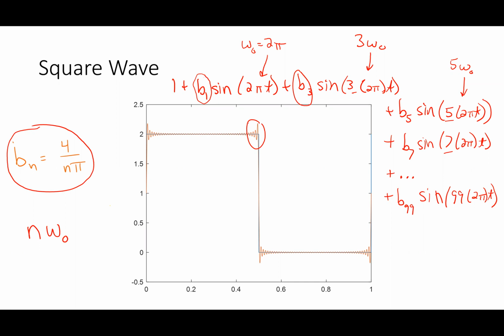Only if I put in infinite numbers of harmonics would those ears go away. You don't see that in real life when I put a waveform together, but it is a mathematical artifact. Forget about that. If those ears weren't there, what you would see is that it's starting to look a heck of a lot like a square wave.